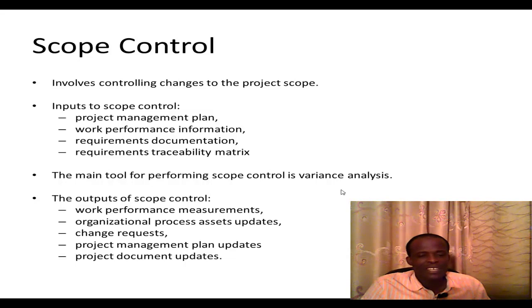And of course there could also be updates to organizational process assets in the organization. There could be change requests here again, and depending on the results of the variance analysis, there could be updates to the project management plan and the project documents.